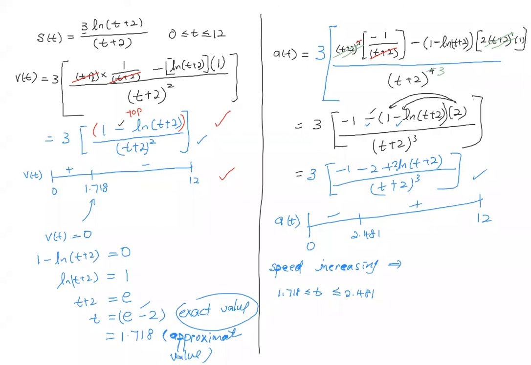Same sign, because your v(t), let me draw it again. At 1.718, this is a plus, this is a minus. Your a(t), at 2.481, this is a plus, this is a minus. See, same sign, minus. So this region.